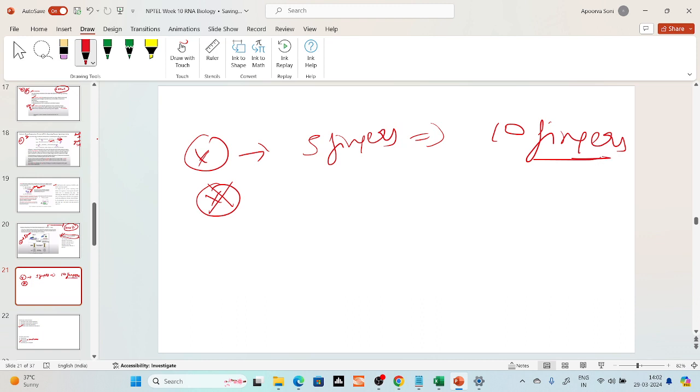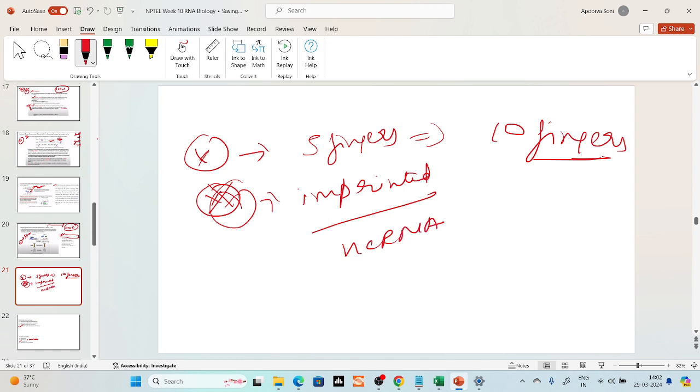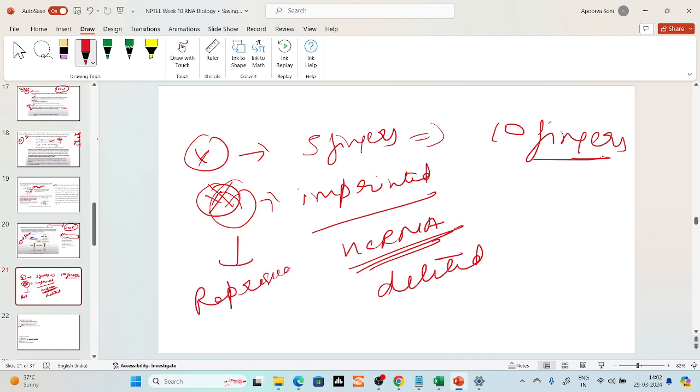But this X is getting imprinted with the help of some non-coding RNA. But if this non-coding RNA is deleted, then is this X repressed or not? No. This X is activated. Now this X is also there, this X is also there.